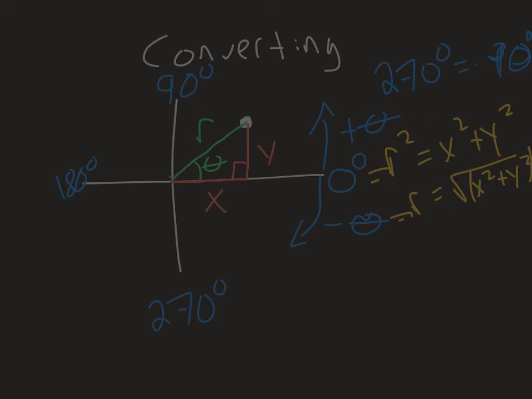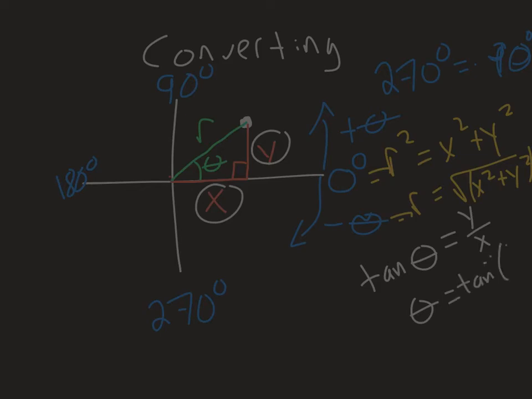I would think, since if we're looking at x, that's our adjacent, y is our opposite, theta, or in particular the tangent of theta, is going to equal y, the opposite, over x. And this way, if I'm given x and y, I can figure out what theta is. So theta is going to equal the inverse tangent of y over x.